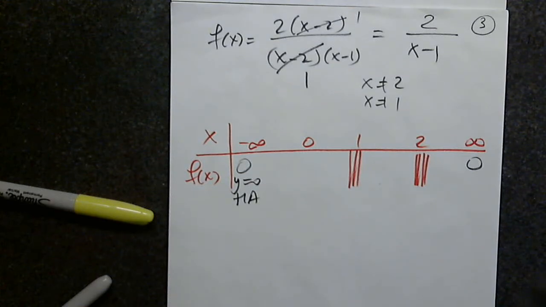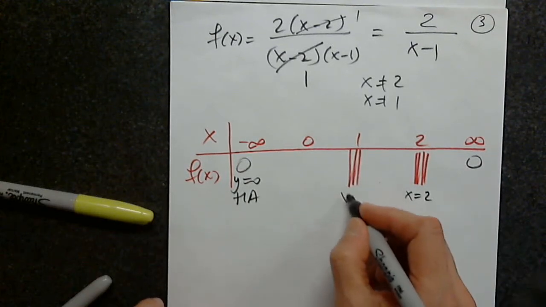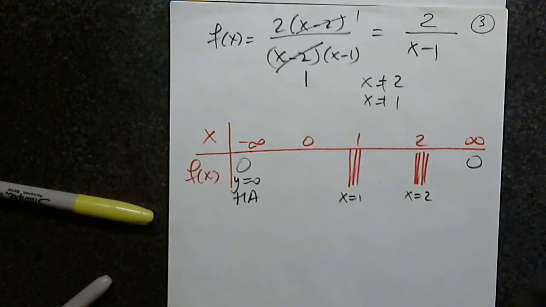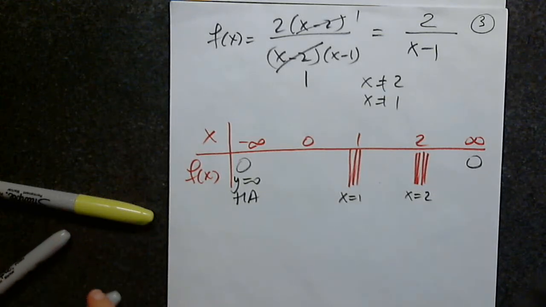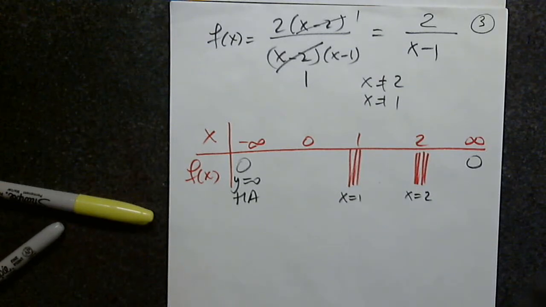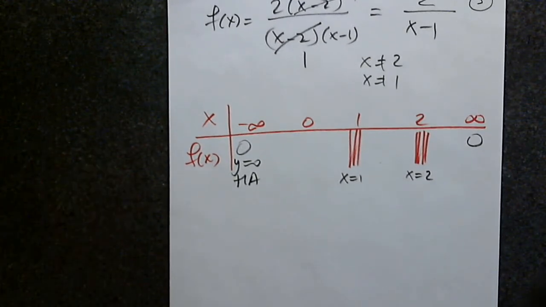Very good. So what can you say about x equals 2? And what can you say about x equals 1? Yes, but something happens there in both situations. What happens? Crosses and turns are only for the x-intercepts, not when the function is undefined.